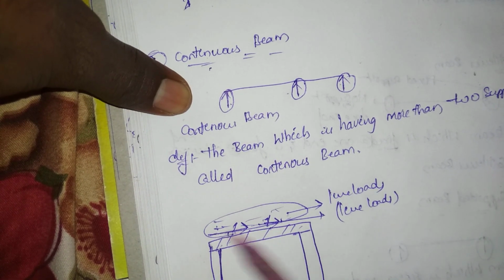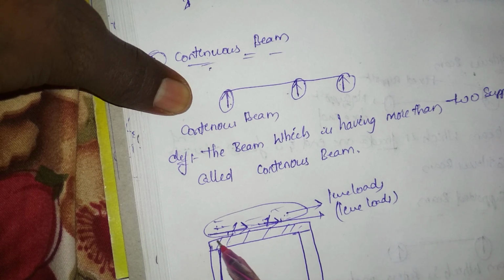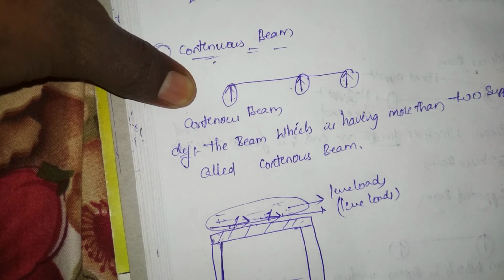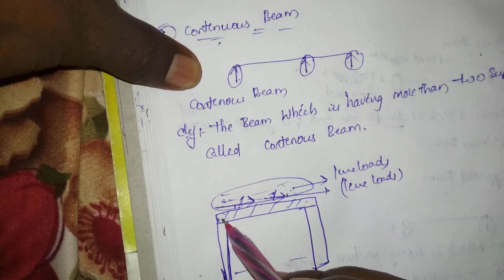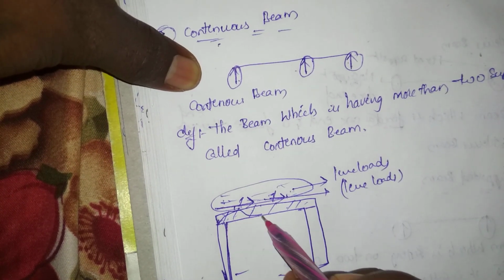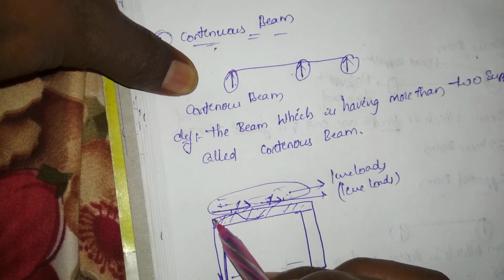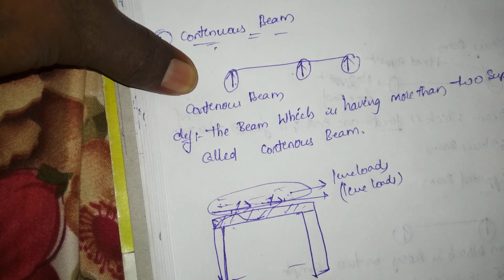When loads are applied on a beam, how will the beam deflect, what will the shear forces in the beam be, and what will the bending moment of the beam be? Let us find that.